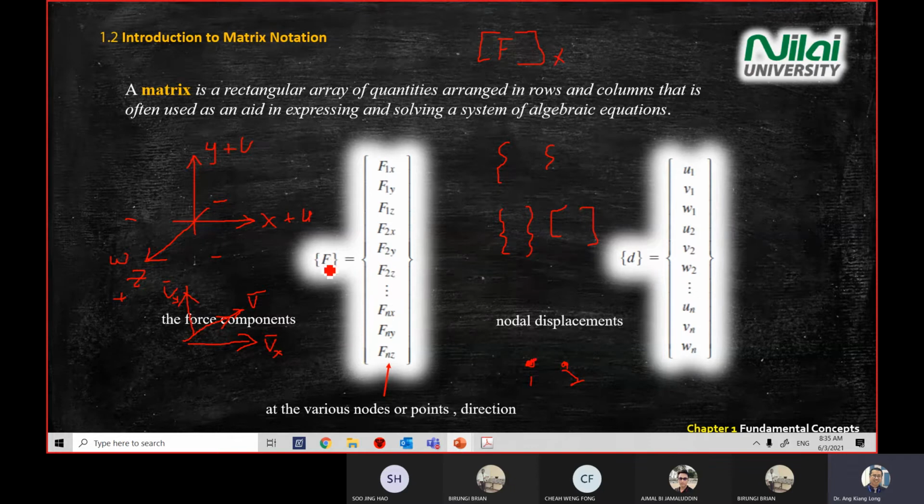If you talk about displacement, also use curly bracket. Remember, if you accidentally write a square bracket D, it represents something else. So I also mark you wrong for this one. All right, clear. You have force and displacement.